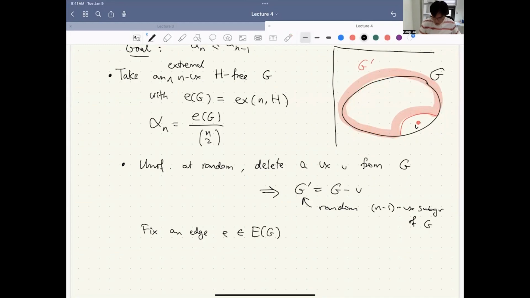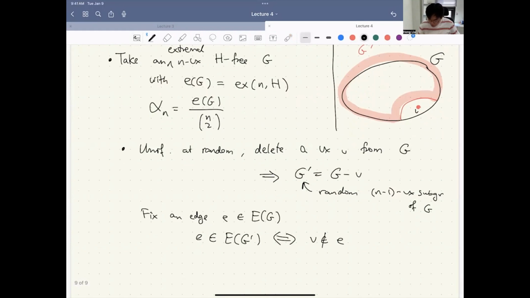E is in G prime if and only if this random vertex is not in E. You fix this E, you have 2 endpoints, and V is uniformly chosen with probability 1 over n over all vertices.